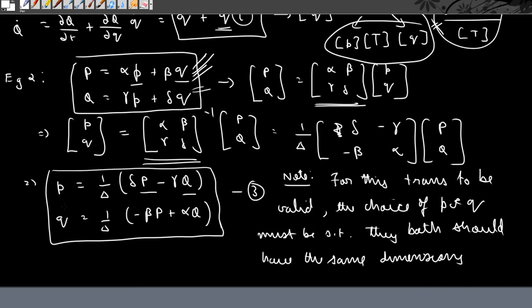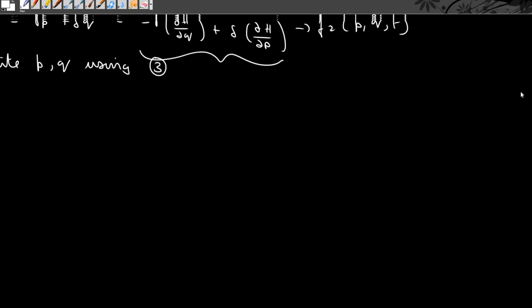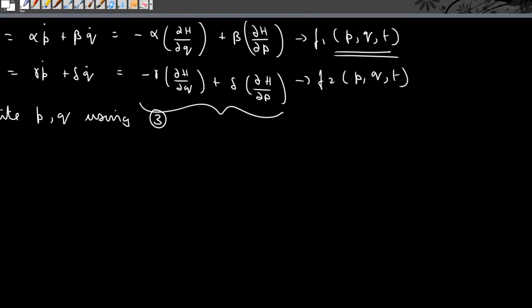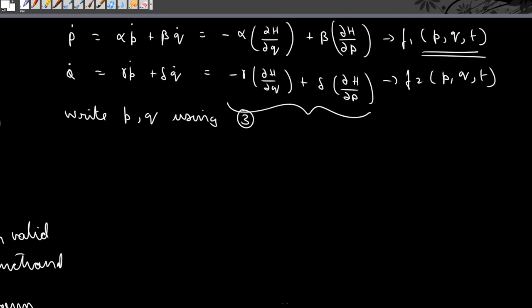So wherever there is p and q, I am going to replace it with these quantities. When I do that, I can get our F1 and F2 in terms of the capital P and Q's. Then we can find the quantities dou P dot by dou P and dou Q dot by dou Q.